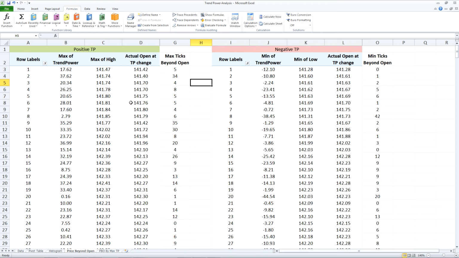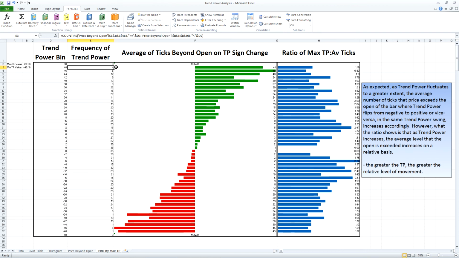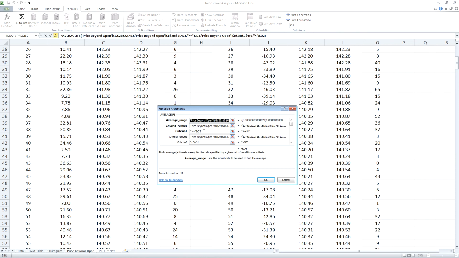So what I wanted to do was bin these values, and I did that by using some if statements, some count ifs and average ifs. So that's multiple different criteria based on the range that I've created in the pivot table.